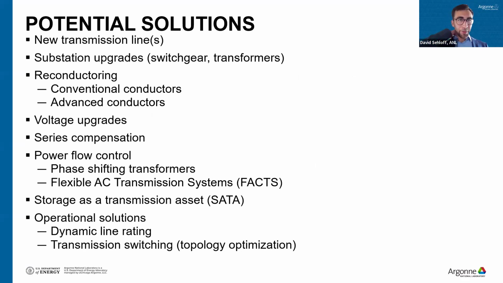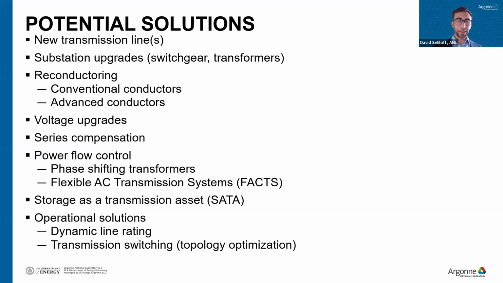So just running through a few of the potential solutions, we could install a new transmission line, either AC or HVDC. We may need substation upgrades, reconductoring, either conventional or advanced conductors, voltage upgrades, series compensation to increase capacity, power flow control, either with phase shifting transformers or more advanced flexible AC transmission systems.